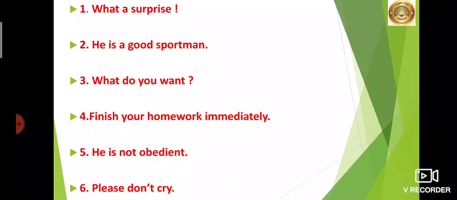Again, this is a statement that declares that he is not obedient. And the word not makes it an assertive negative sentence. Please don't cry. It is advice. So this becomes an imperative sentence. I hope, students, that you have understood how to identify the sentences.